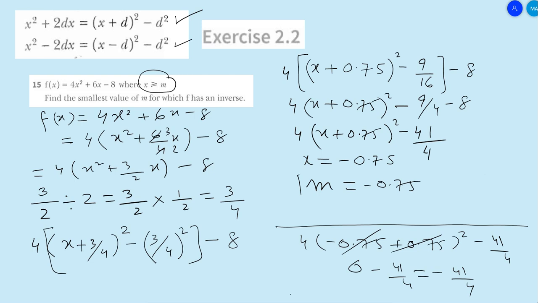This is the smallest value. Below this value, the function will no more be 1-1, and obviously the inverse doesn't exist. So m = −0.75 is our answer. Hope you understand. Moving towards question number 16.